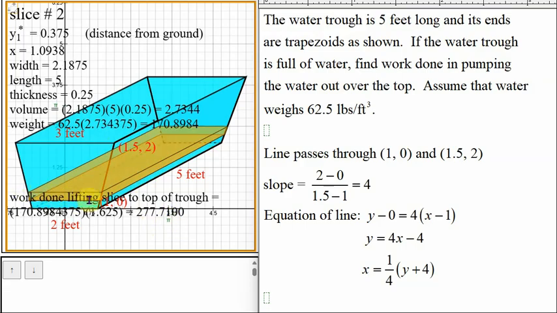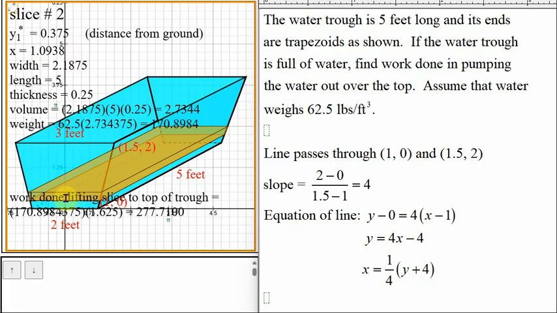And here's slice number 2. And right here, this is y equal to 0.25. And then right here, this is y equal to 0.5. And then right in the middle is 0.375. And I'm going to use this number right here, 0.375, as the distance from the ground for this slice number 2.